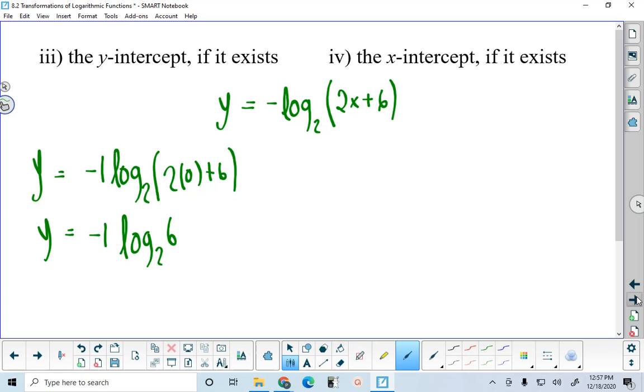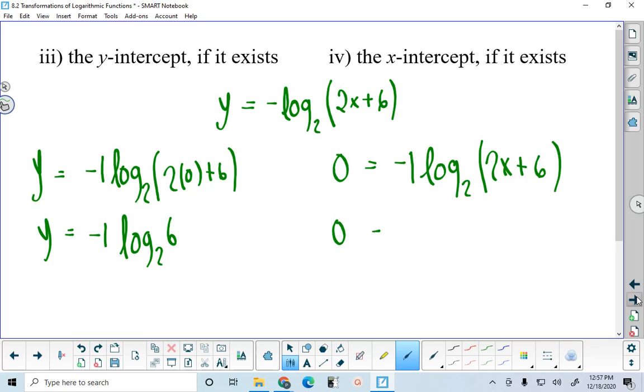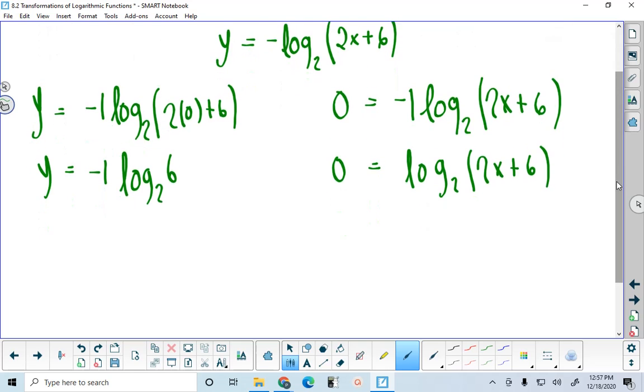All right, what about the x-intercept? The x-intercept is found by letting y equal to 0. So I'm going to multiply both sides of this equation by -1 to get rid of that negative in front of the log. Then, because I'm looking at this going, I don't know where to go, I remember that you translate it to the other language. It now becomes 2 raised to the 0 is equal to 2x plus 6.